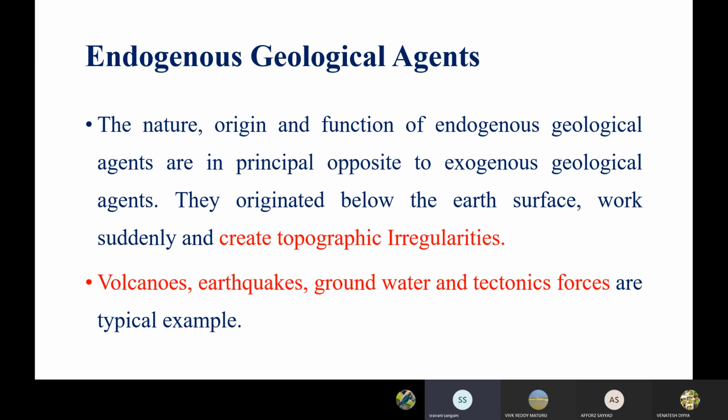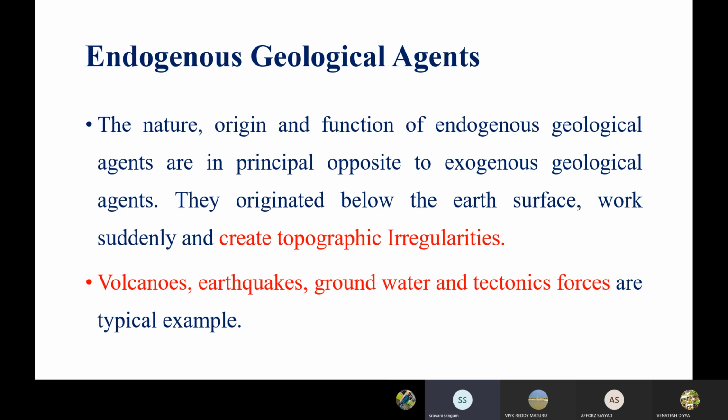In exogenous agents, erosion occurs on the Earth's surface, but here it occurs below the surface. In exogenous agents, erosion takes place slowly and steadily, but here it occurs suddenly, so they create topographical irregularities.